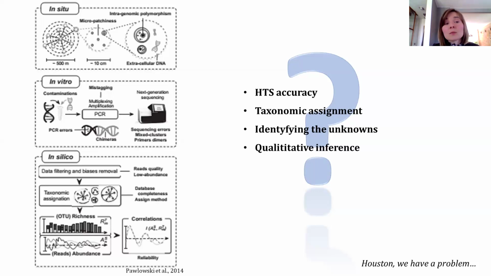There are a lot of errors that can appear during laboratory analysis and during analysis of the data, and in the case of ancient material, we can add another part to this graph. We can call it in fossilio, for example, where we can add the natural damage of the ancient DNA, or its low amount and so on, which can also create problems and difficulties in analysis of the data.